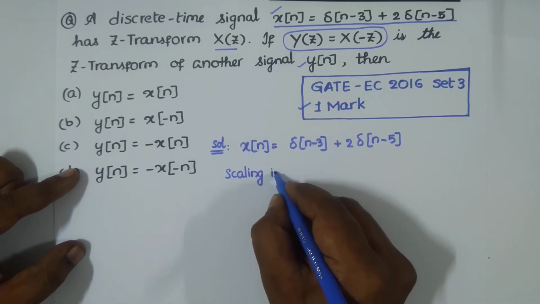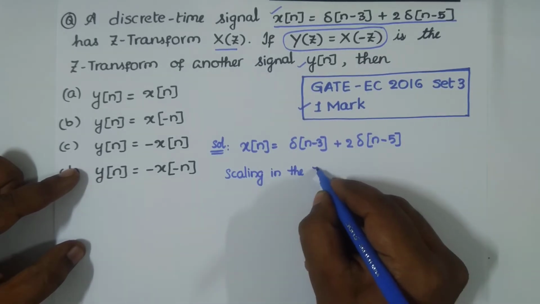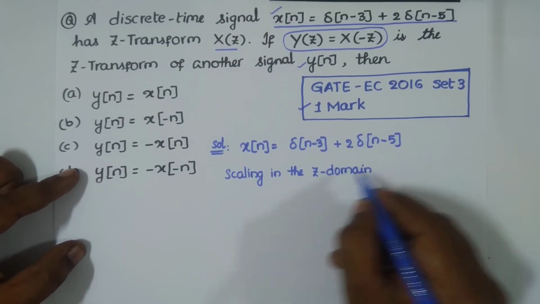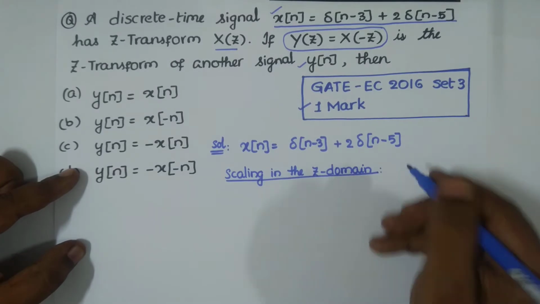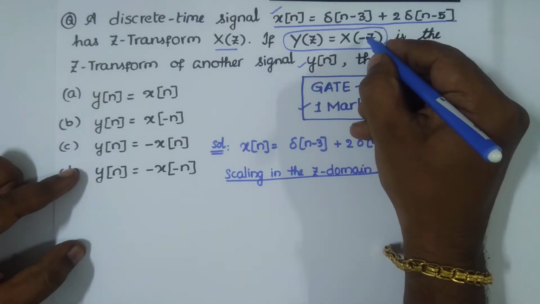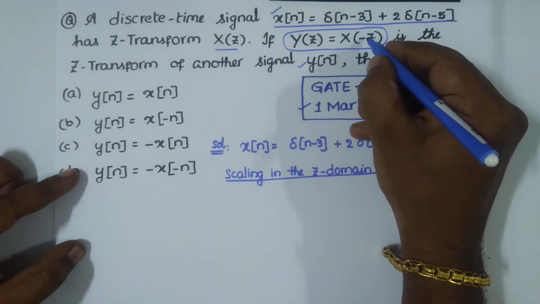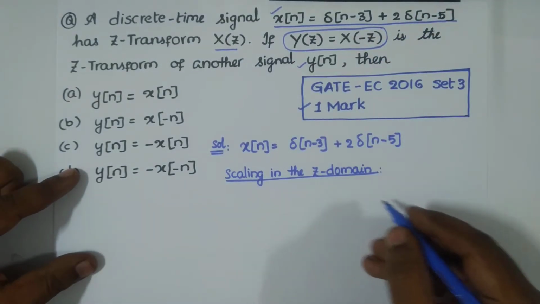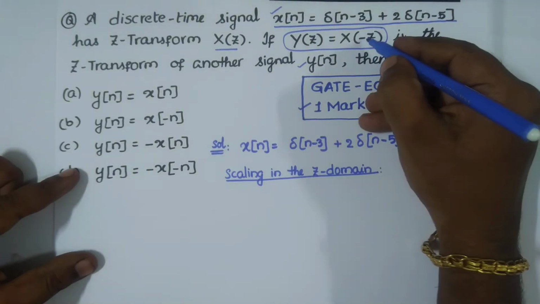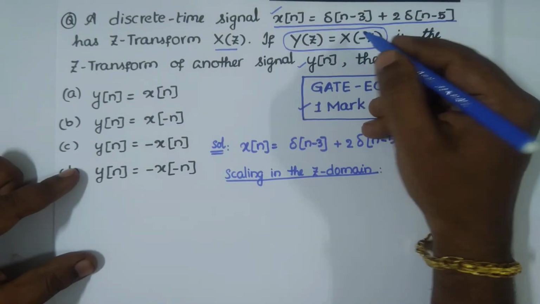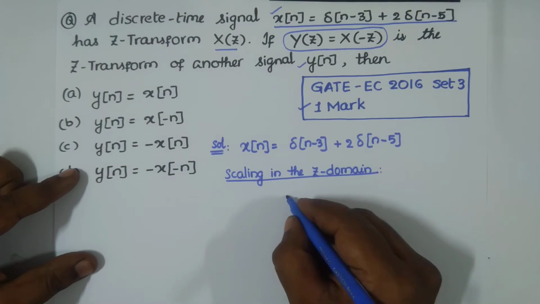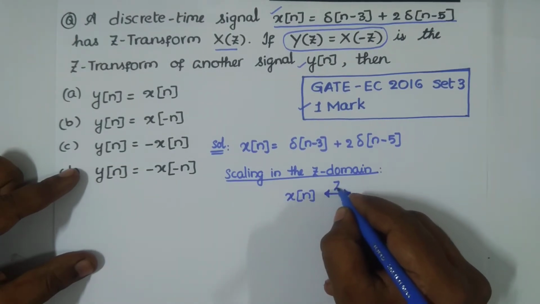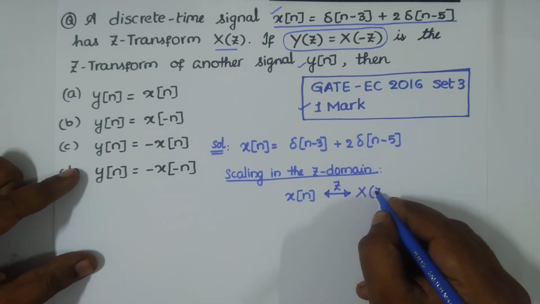You have one of the properties, that is scaling in the z domain. So how do we get scaling in the z domain? For example, see, whenever you have this negative z, think of this as something like minus 1 into z, or 1 by minus 1, something like that. So that quantity is the scaled quantity in this X of minus z. What I want to say is this: x of n Z transform is X of z.